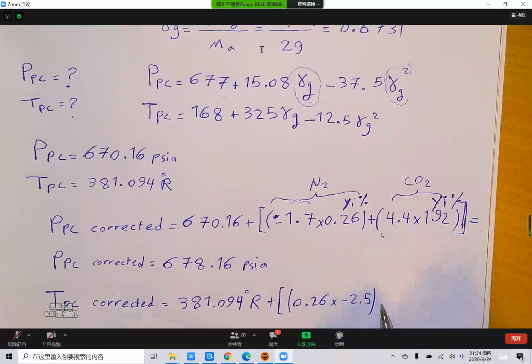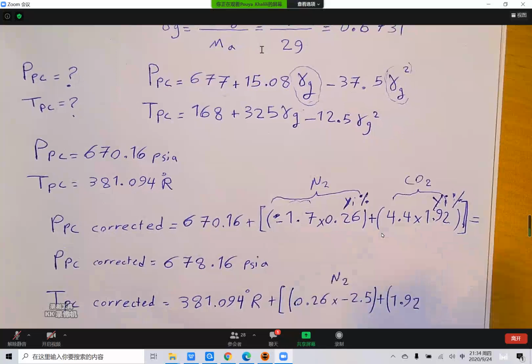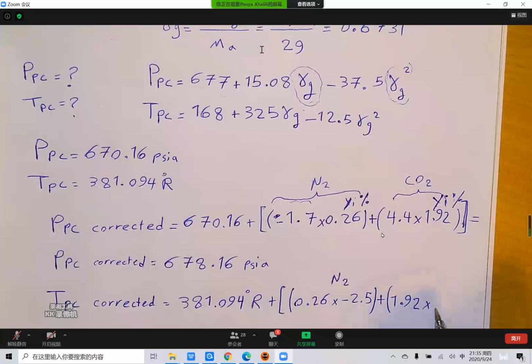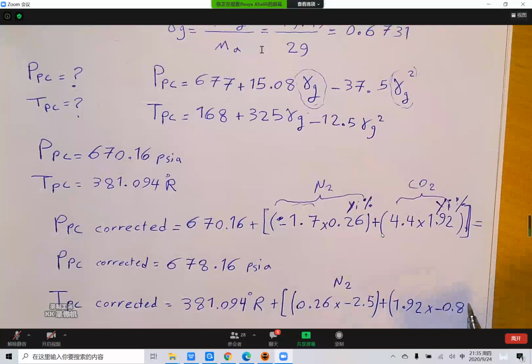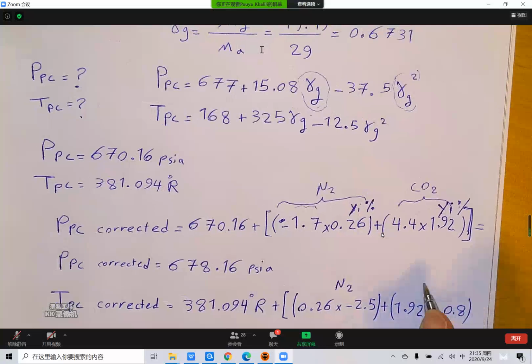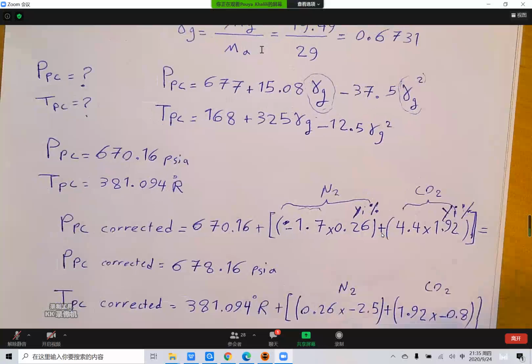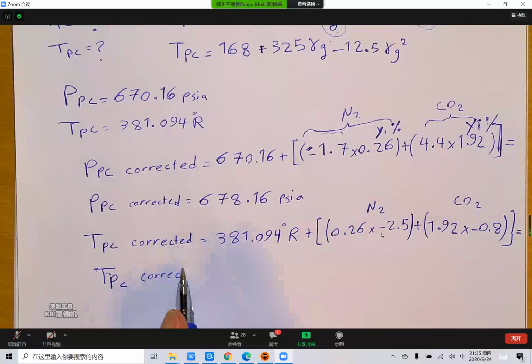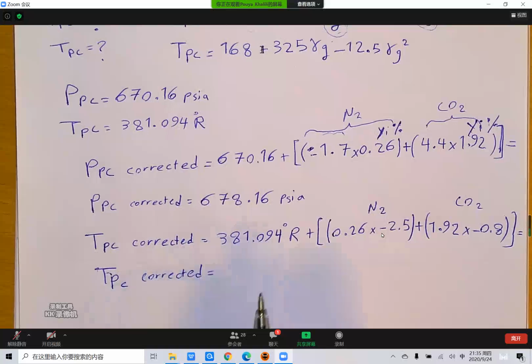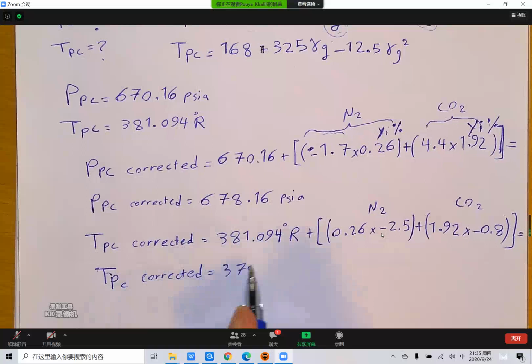It was for N2 and this is for CO2. This gives us... I think it should be minus 1.7, not minus 2.5.